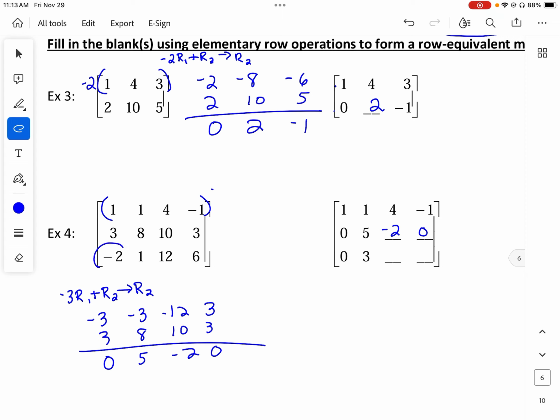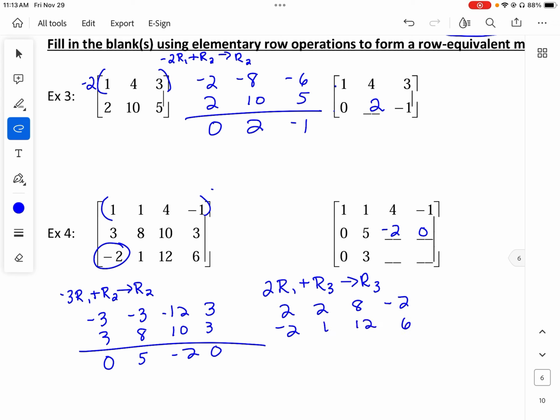So I need to do the opposite of this. So I'm gonna do 2 times row 1. 2 times row 1 plus row 3 to give me my new row 3. So that would be 2, 2, 8, -2, -2, 1, 12, 6.